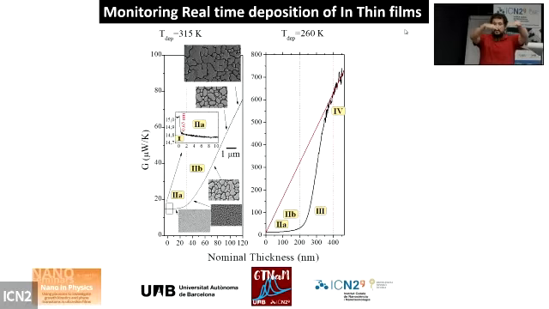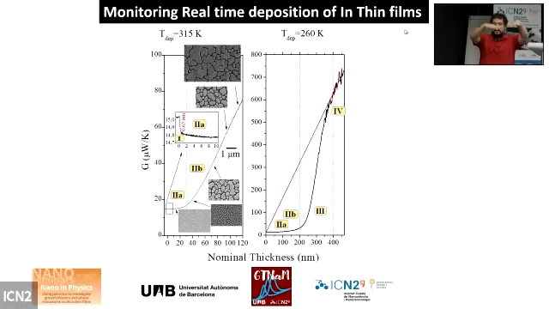And what I feel is more interesting is that at the beginning, we can also see that depression in the thermal conductance. That is technologically interesting, because we can envisage using that effect to improve thermoelectric materials.